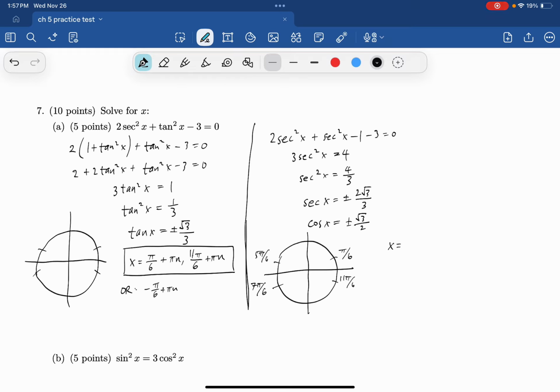Tells us that x equals pi over 6 plus 2 pi n, 5 pi over 6 plus 2 pi n, 7 pi over 6 plus 2 pi n, 11 pi over 6 plus 2 pi n. And these are the exact same group of solutions as the left-hand side.